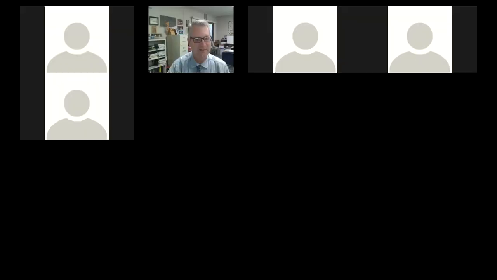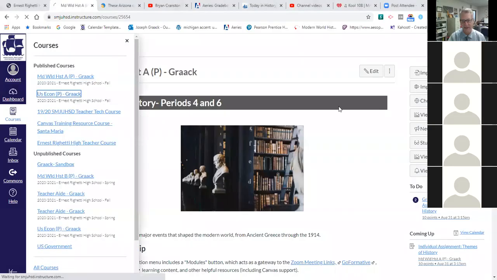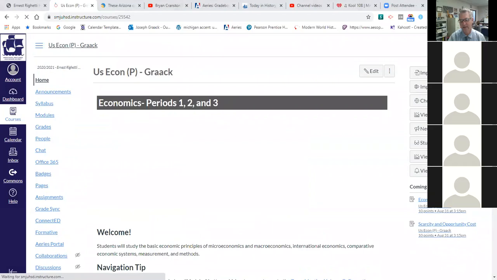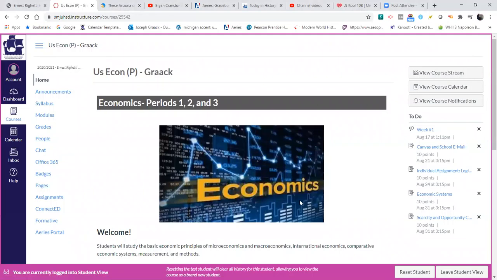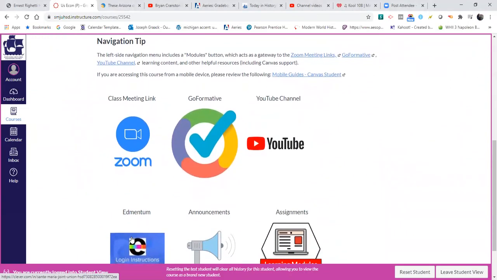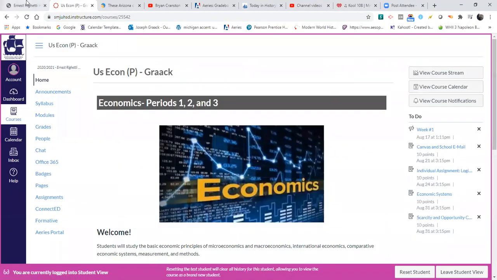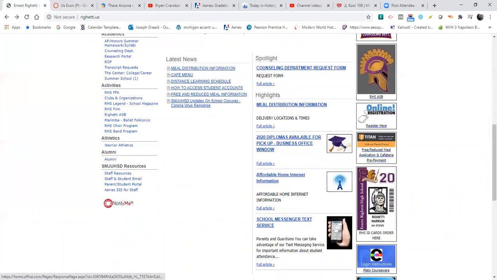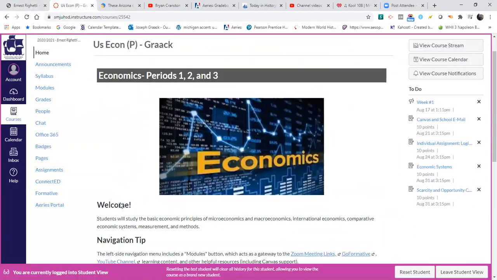Last week, our big thing was getting to Edmentum and being able to utilize that. If you take a look at your Canvas page, as we've said, there are two ways to get to most of these things. Edmentum, and the link is located here. We also have that same link available on the school's website if you want.